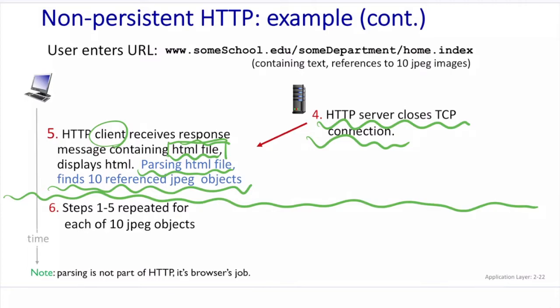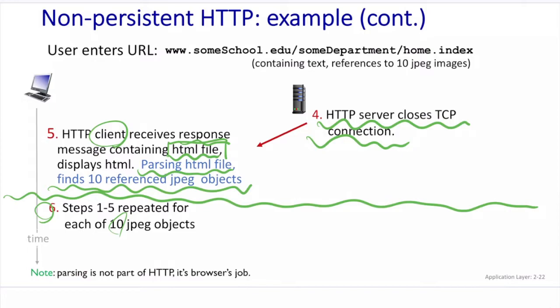So what else should we do? Because we have 10 more referenced JPEG files that need to be downloaded. In step number 6, the client and the server will again negotiate a new socket pair to download the next referenced JPEG object and then close it again. So there are 10 more objects to be downloaded, right?